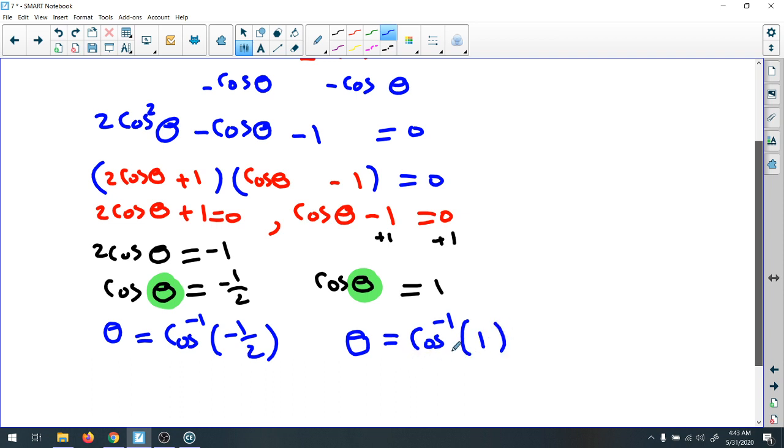Well, we know that this will be 0 degrees and equivalent. And cosine of 60 is a half, but cosine of 120 is negative half and equivalent. Could be in second or third quarter. If it's in second, it will be 120. If it's in the third, it will be 180 plus 60, which is 240.